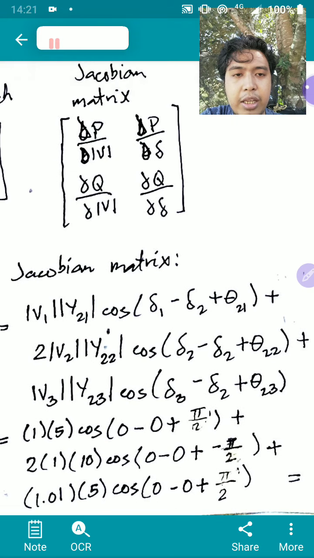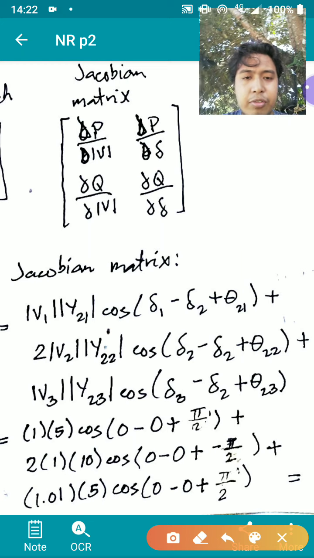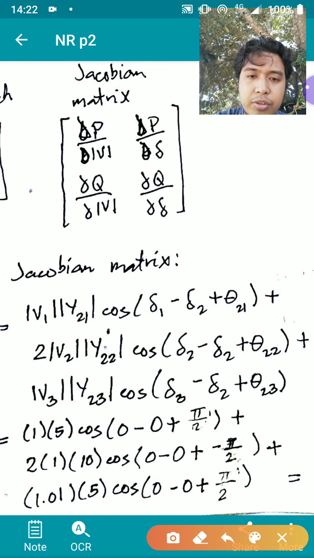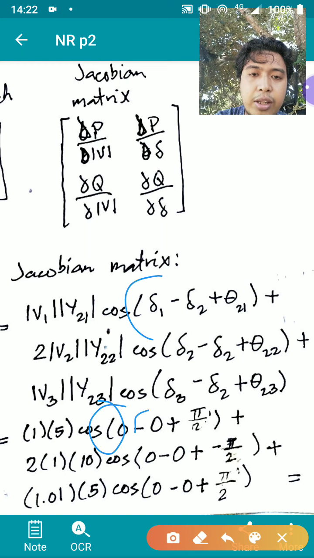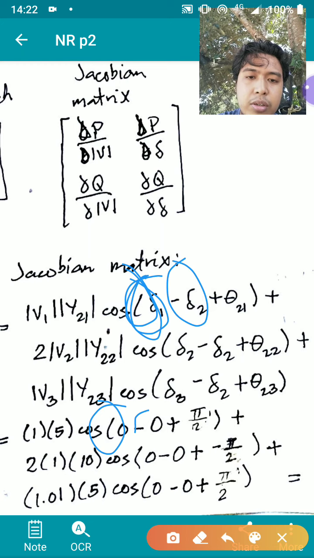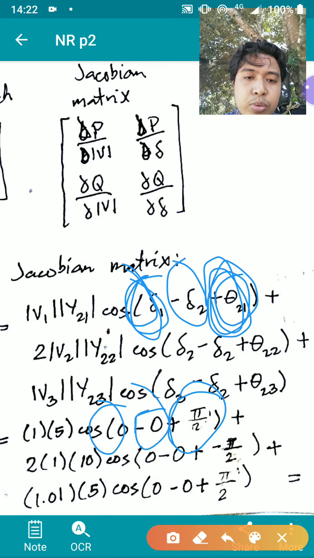Okay, and then take note, I want to emphasize this one. This is a very, very common mistake. I'm guilty of doing this most of the time. It's cosine of delta 1, angle 1, which is 0, minus angle 2, take note, that's 0, plus the angle of the admittance matrix, pi over 2.